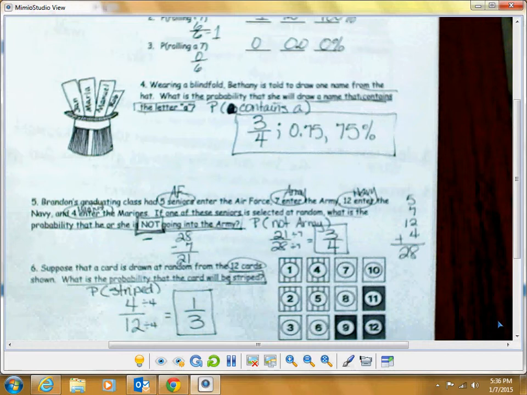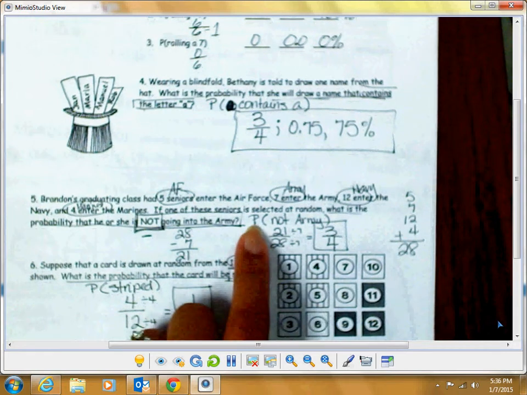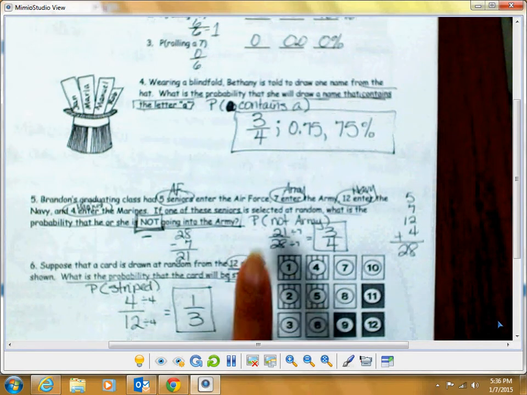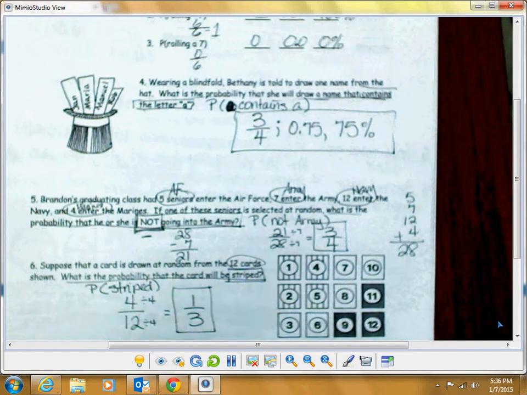So the word not means to subtract. Okay, so it is specifically asking for the probability that the student is not going into the Army. So that means we put P and in parentheses we are going to put not Army.